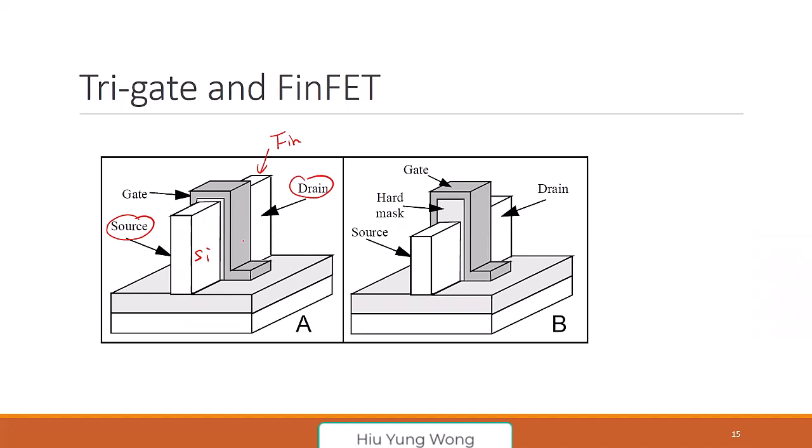So how many gates do we have in this case? Can you count it? How many gates for the left one? 4. 1, 2, 3. Do you say that this is 4? Yeah. Okay, you are not wrong. No problem.